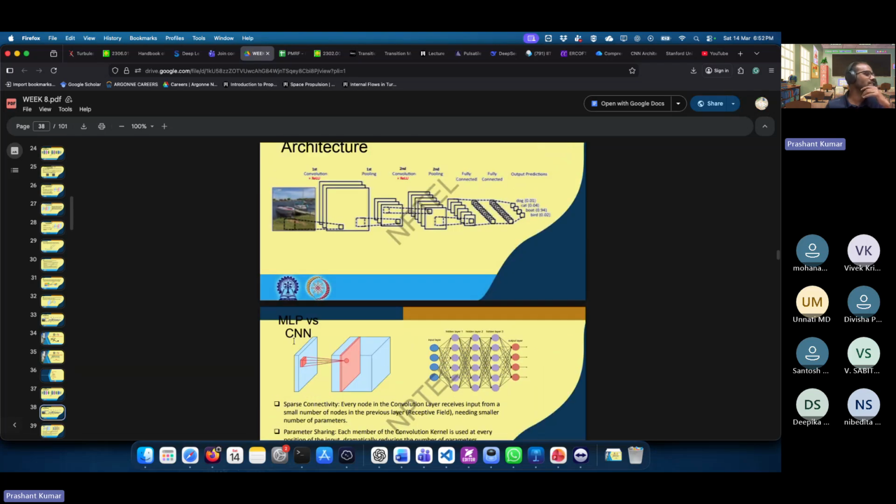Let's say instead of using the CNN, you are giving the input directly to the MLP. So what will happen? If your input is of dimension 32 cross 32 and you flatten it, it will become 1024, right?